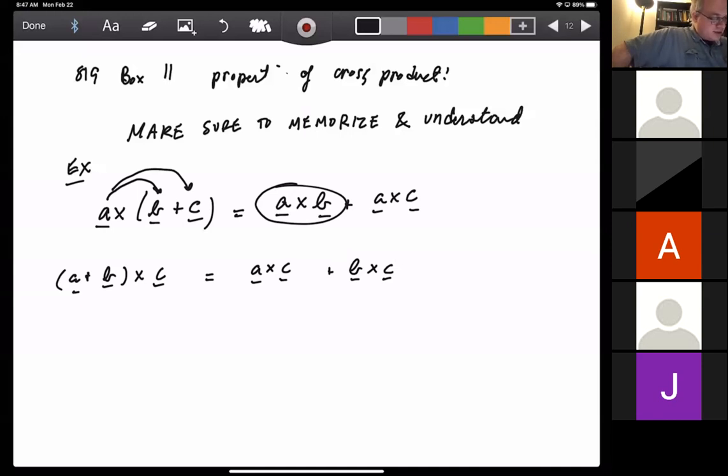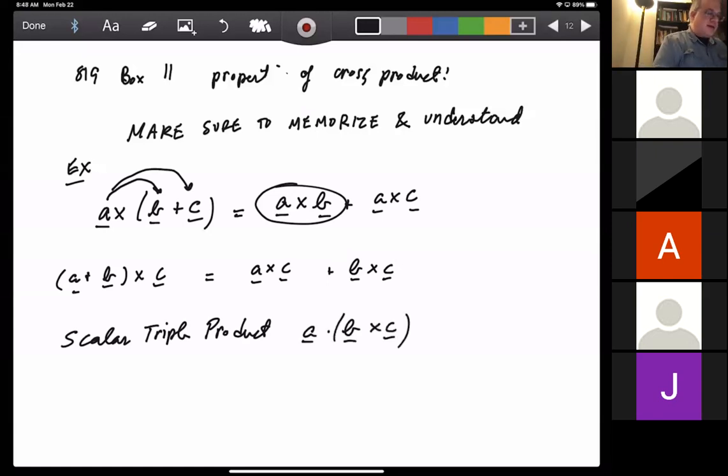There is something called the scalar triple product. Notice that you really don't need the parentheses here, because if you try to take the dot product of A and B, you would get a scalar. You can't cross a vector and a scalar.